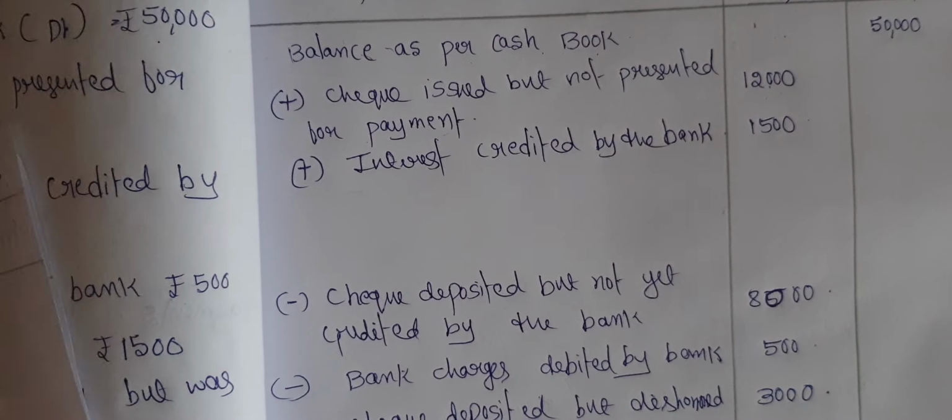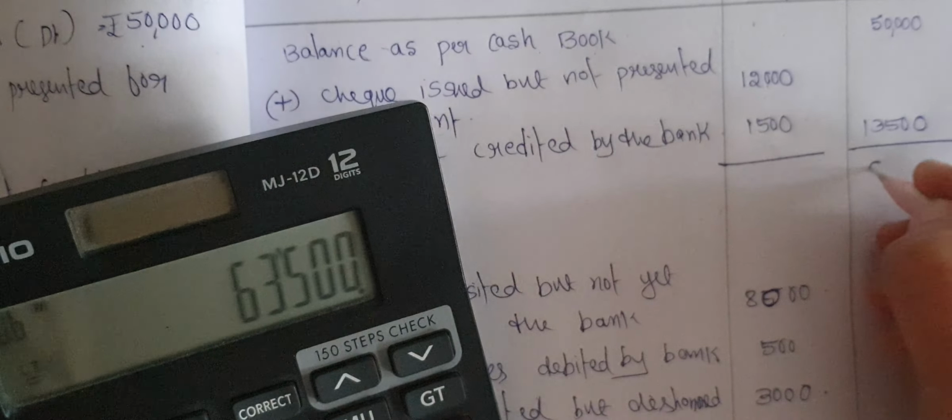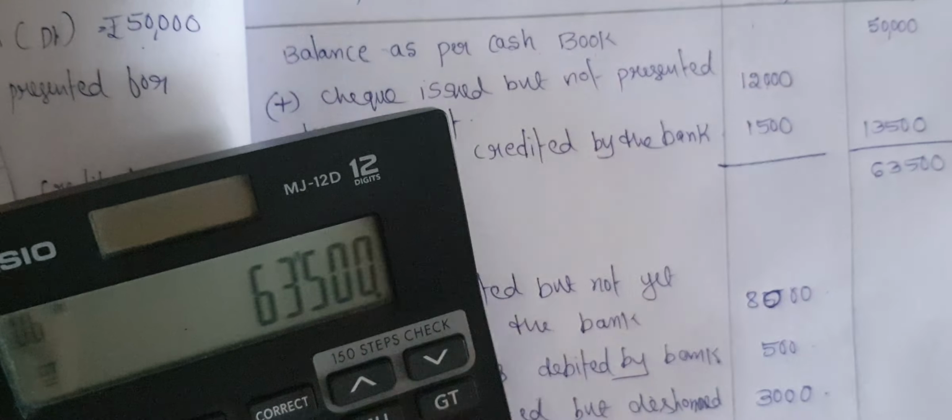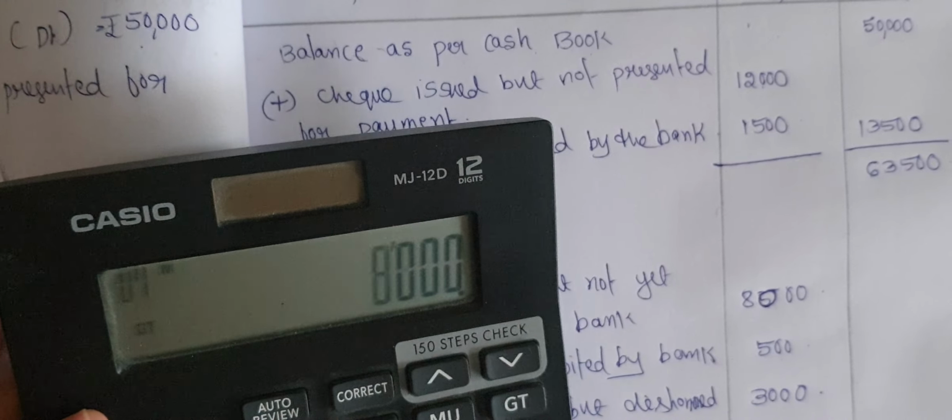Okay, so the total of these: 12,000 plus 1,500 is 13,500. Total 50,000 plus 13,500 is 63,500. Then deduct 8,000 plus 500 plus 3,000, that is rupees 11,500.